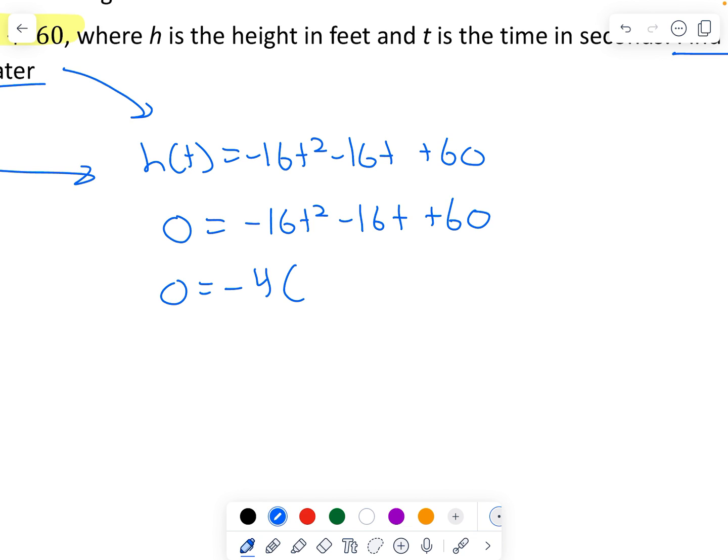I'm going to take out a greatest common factor of negative 4. What that's going to do is simplify this equation a little bit.